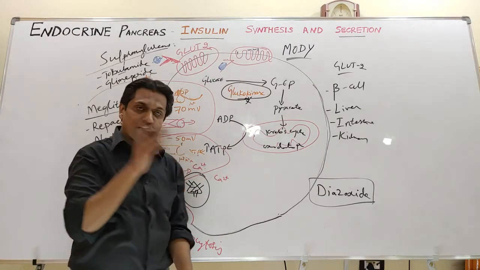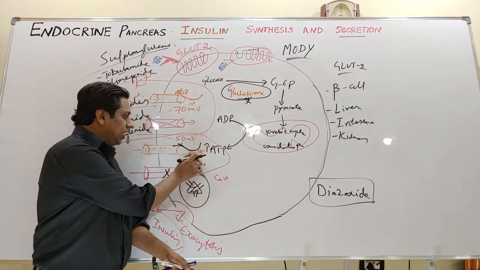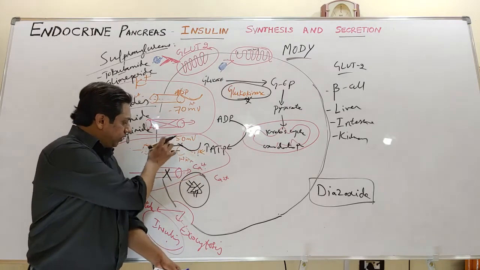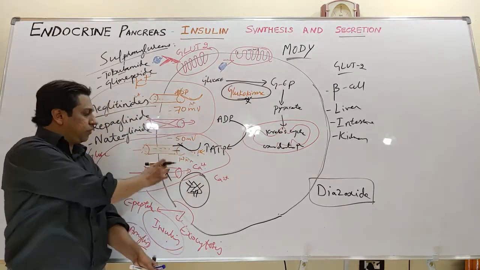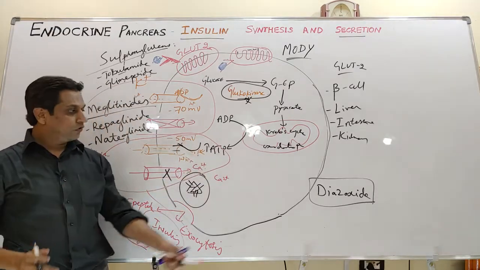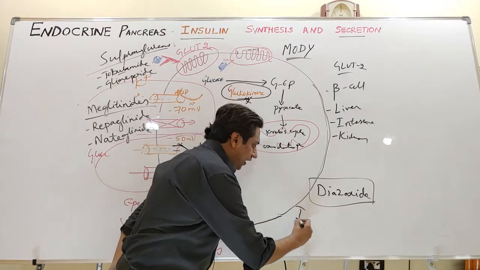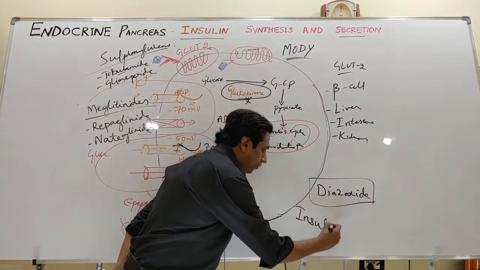They act on these potassium channels only, but diazoxide will open up this channel, and potassium goes out, and it stays like the resting membrane potential, and there is no depolarization, no calcium entry and no insulin release. So this is basically used in conditions like insulinoma.